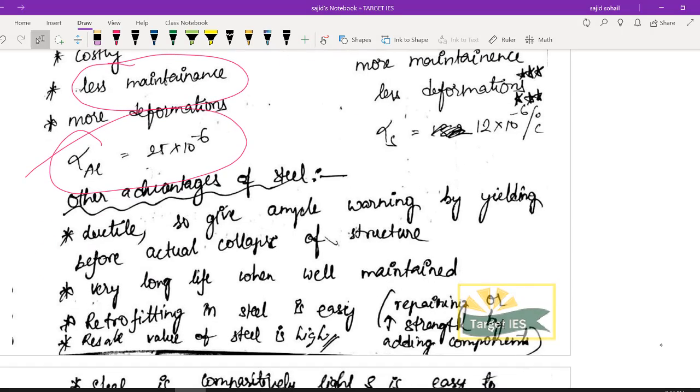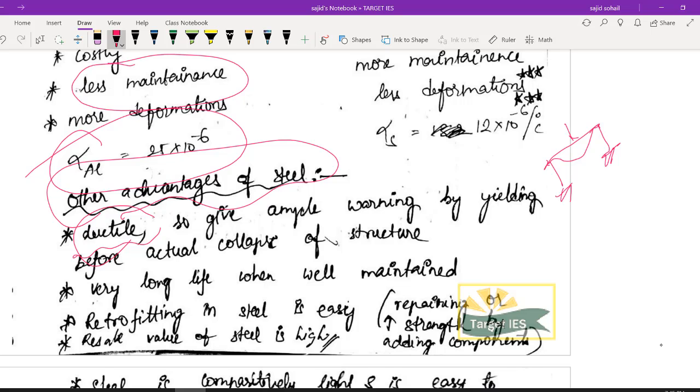Everything is done. Now let us see what are the advantages of steel. What are the other advantages of steel, which I have already discussed. Let us read it once. Ductile. So obviously my steel is ductile. If you have something ductile, if it is failing, it won't be failing all of a sudden. It will give you enough warning that I am about to fall, please vacate this area. So it gives us ample warning.